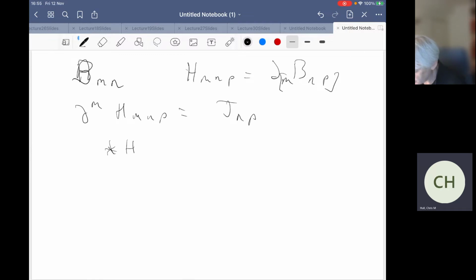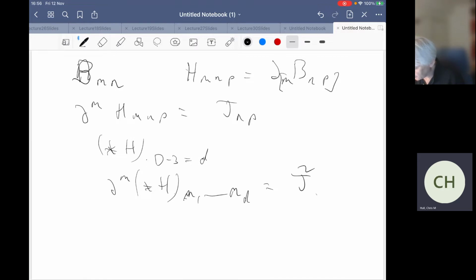And we can also define star H, which in d dimensions will have d minus 3 indices, and there'll be an equation grad star H, which will couple to a current which normally would be 0, but we can introduce a magnetic style current, which will have indices m2 to md.